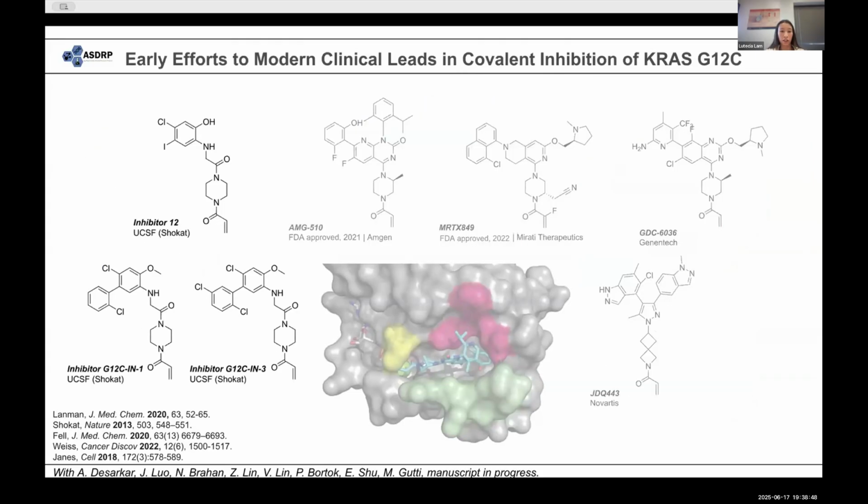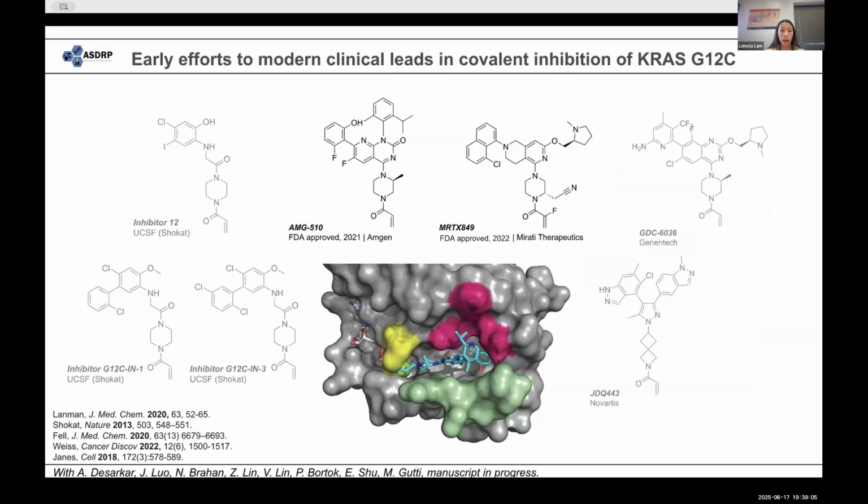So these are some early efforts for covalent inhibition of KRAS G12C. And so the Shokat lab at UCSF developed the first in-class covalent inhibitors for G12C. And this was followed up by Amgen, which produced Sotorasib, and then later Mirati.